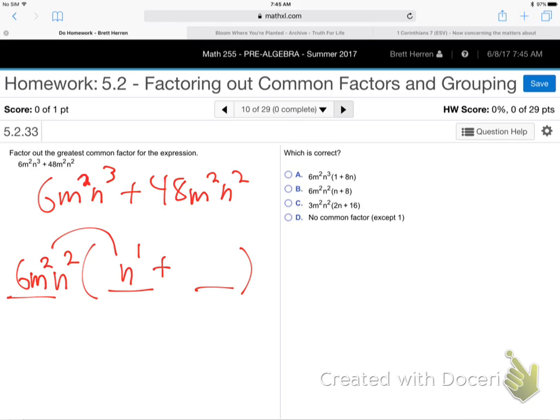Right? Because that one is just regular n. And then how about at the back? 6 times 8, and that's it. Nothing on the letters. Just n plus 8 in those parentheses. All is well?